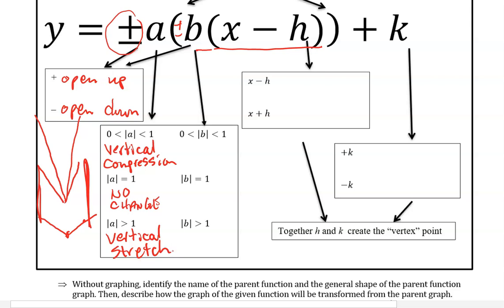For b, well, b is a little bit different. We haven't really talked about b yet. Well, first off, oh, shoot, I forgot to say, opening up is the normal one. Opening down means it would actually reflect the function over the x-axis.